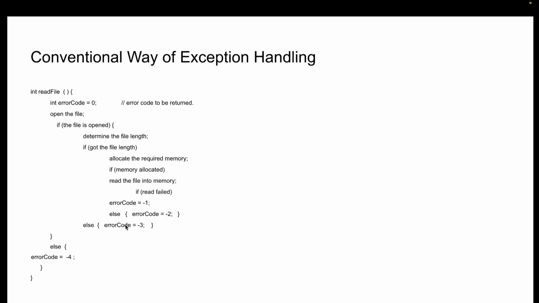There can be multiple more scenarios, and you will have to write a lot of if else conditional blocks. So this code becomes very cluttered, and it does not look readable. This is not a good way of handling an exception.